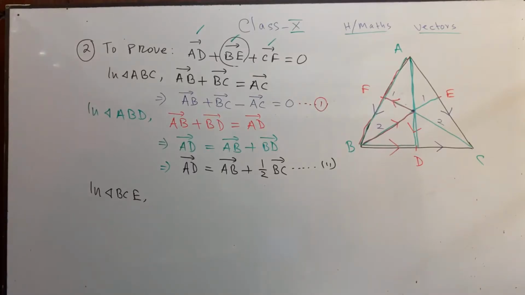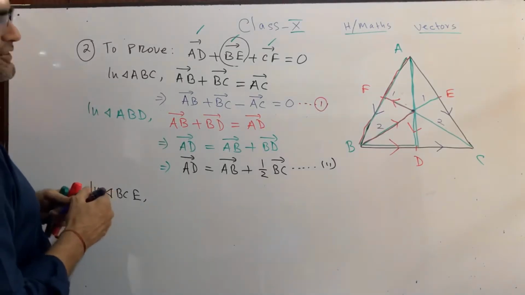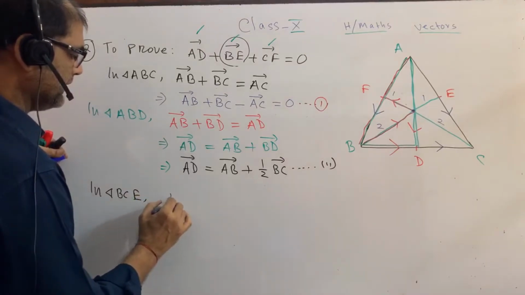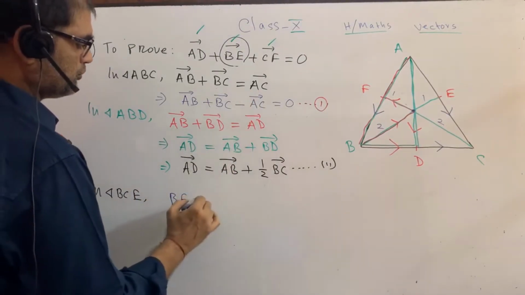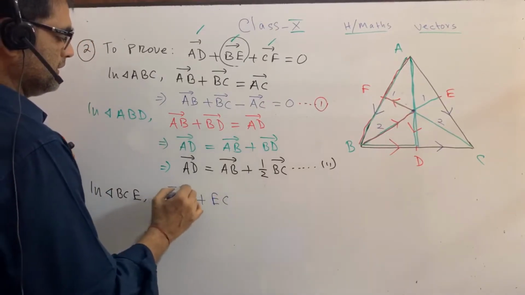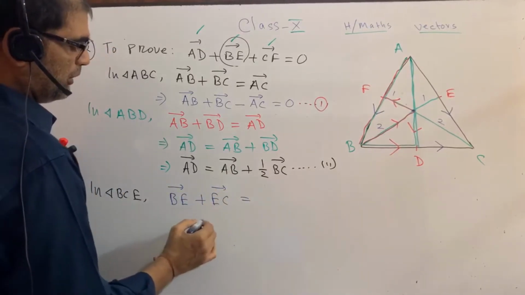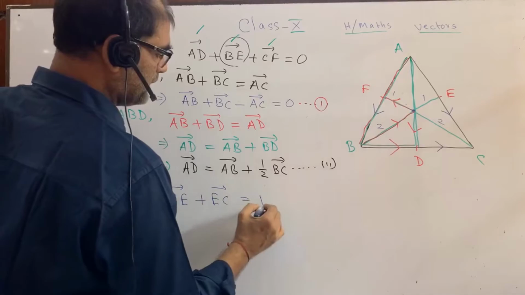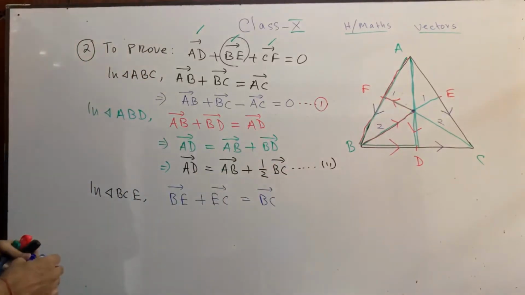In triangle BCE, BE plus EC is equal to what? EE will be omitted and we will be left with BC. Okay, have you got it?